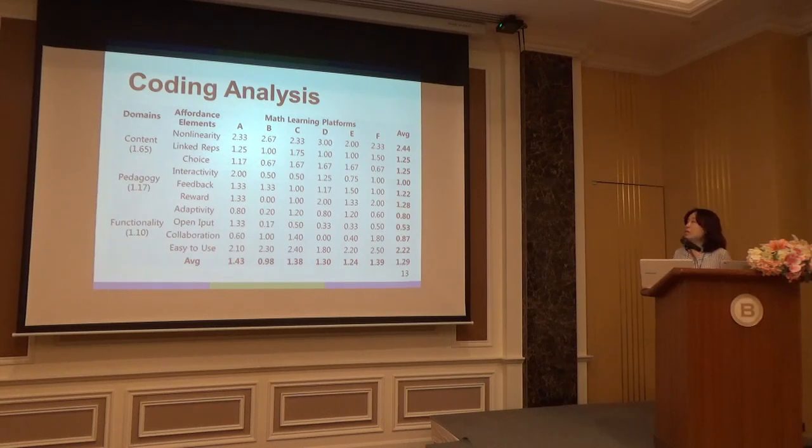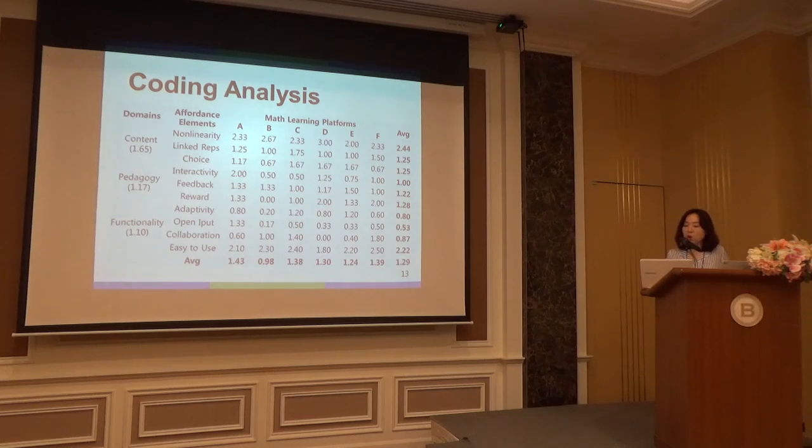A, B, C, D, E, F are the math learning programs we analyzed in terms of those 10 affordance elements. Then we used a Likert scale of 0 to 3 to show the extent to which each affordance element is reflected in those platforms.